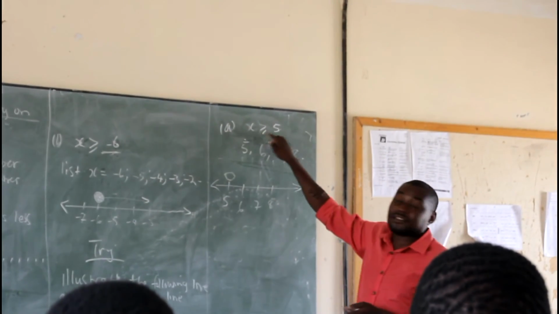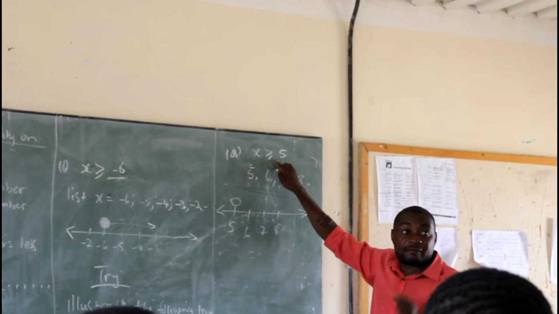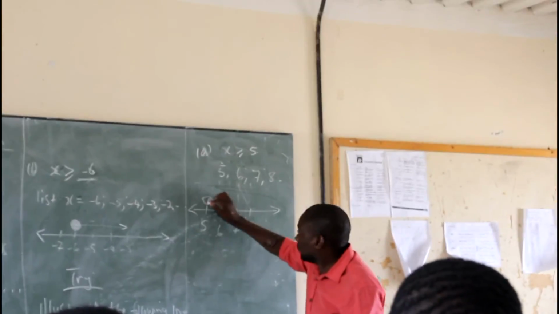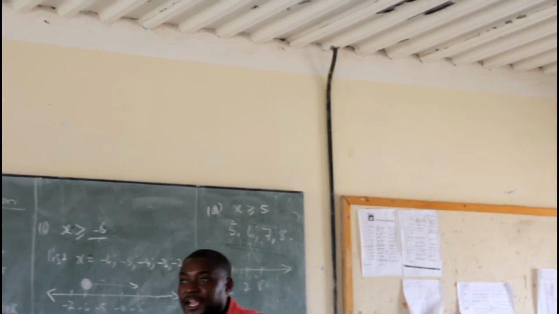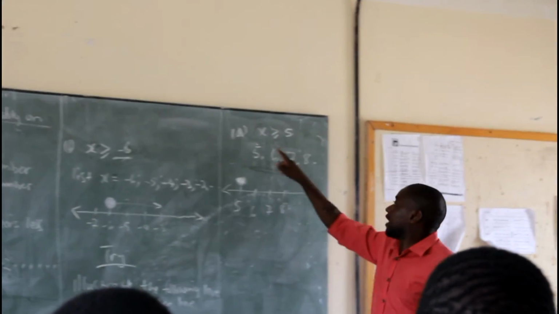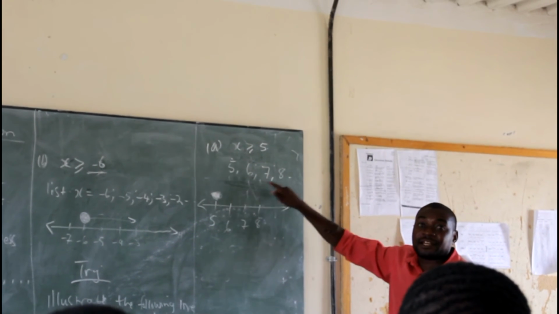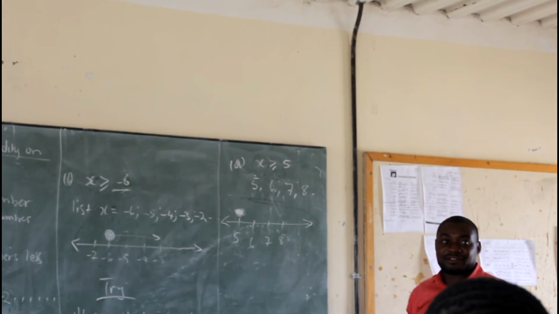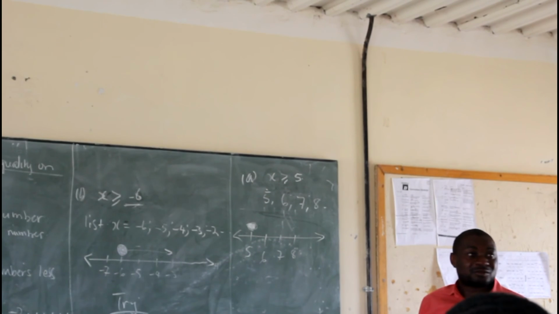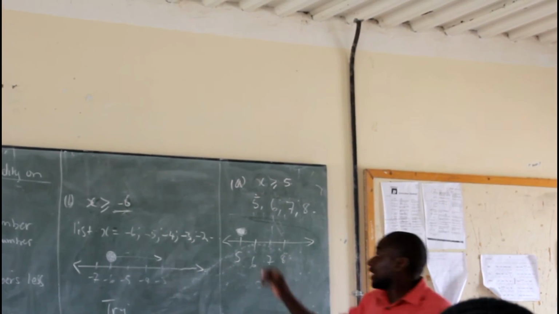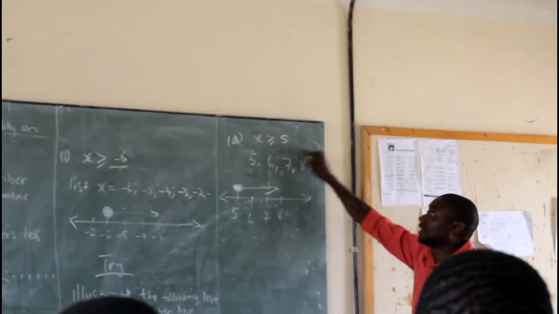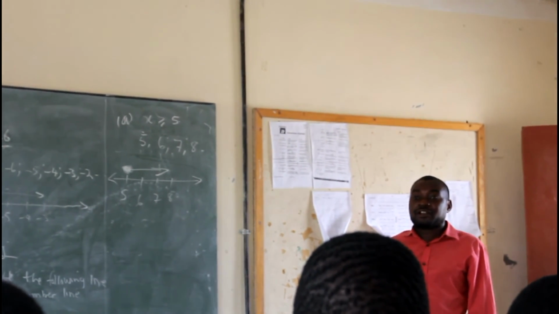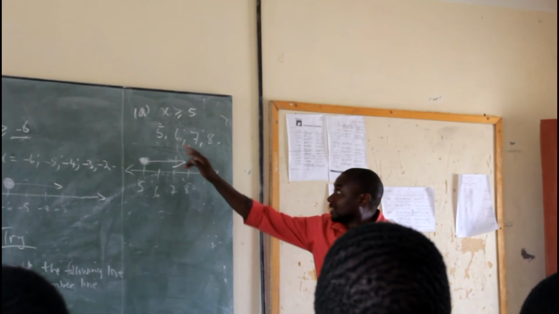And then it says or equal to. Then I have to change. Now your arrow must show where I can find from 5. Where can I find 6, 7, 8? To which side? Right. Let me show that from 5 you go this direction. It's where you can find these numbers. We are showing where to find these numbers.